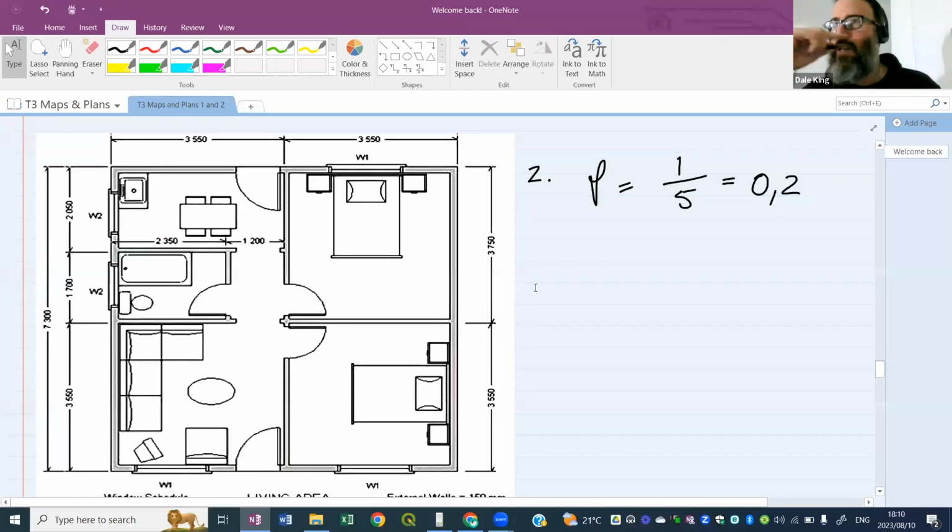Let me just stop there for a second and talk about probability. You will hardly ever find a contextual question in an exam that's all probability. Like you get measurement questions and finance questions and data handling questions and stuff like that.